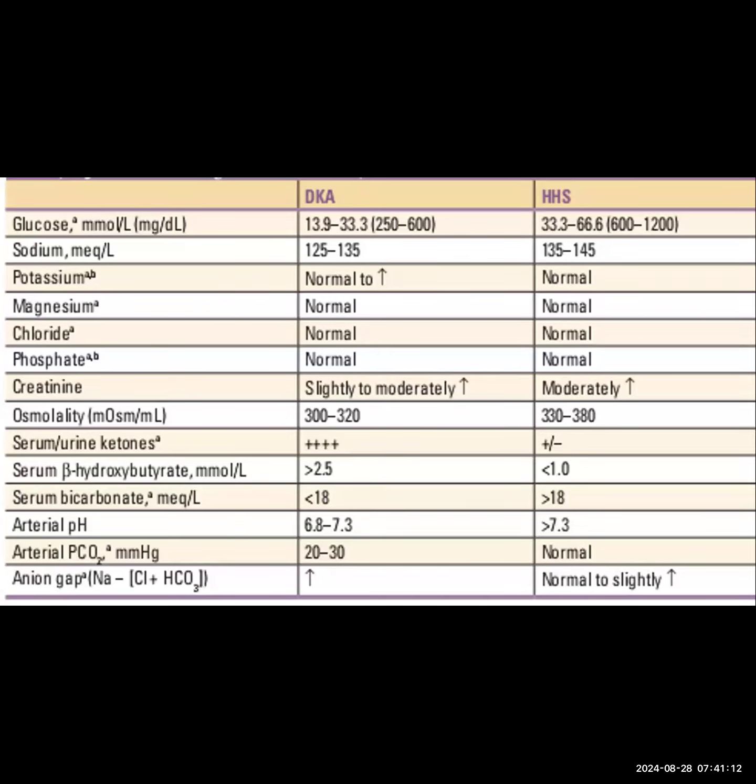If the initial potassium level is less than 5.0 to 5.2 milliequivalent per liter, you give 20 to 30 milliequivalent per liter of potassium infusion. But if it is less than 3.5 milliequivalent per liter, then 40 to 80 milliequivalent of potassium is added to each liter of fluid.